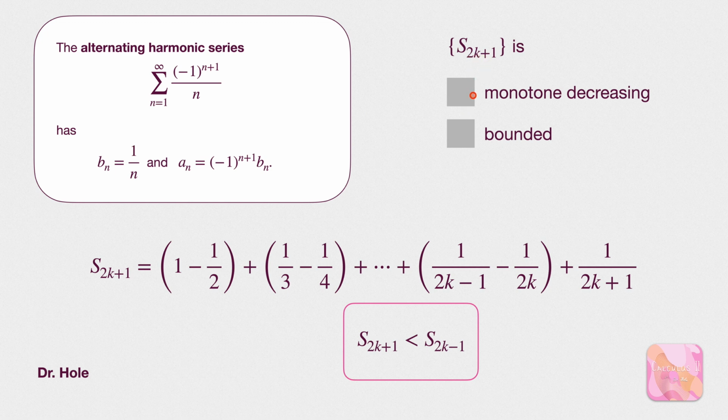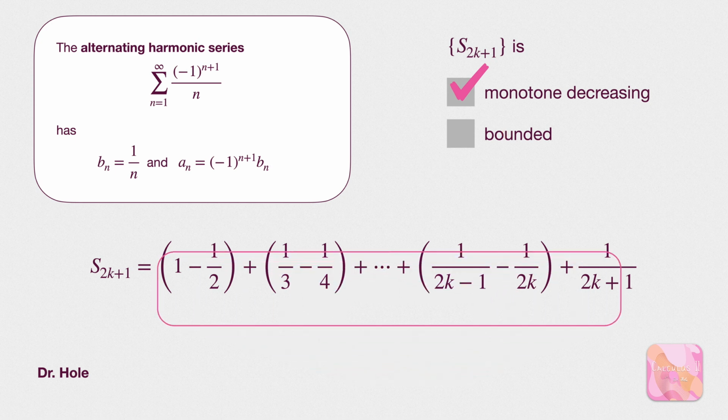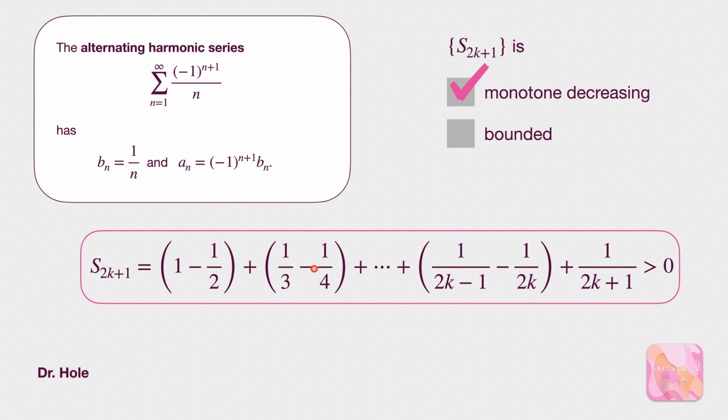We've shown that it's monotone decreasing, as we're always adding in a positive quantity to begin with, and it's decreasing, therefore it's going to be bounded above, and then it's also bounded below, since these k pairings are all positive, and the last term that we add in is positive. So the sequence is both monotone decreasing and, through this observation, is also bounded.